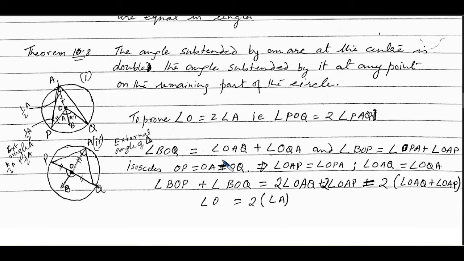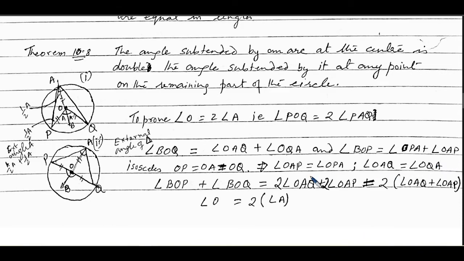So this is a step where I have written BOQ is angle OAQ plus angle OQA. That is what I have written. So angle BOP is angle OPA plus OAP.